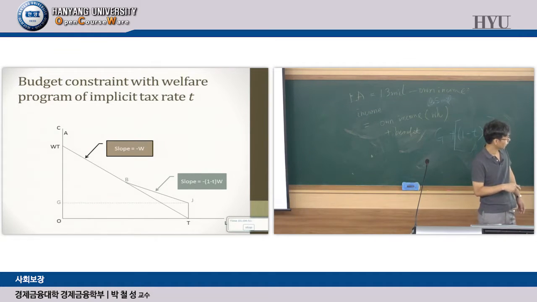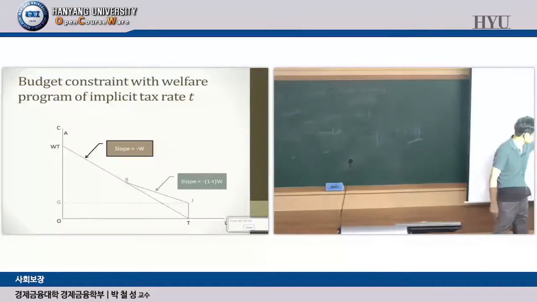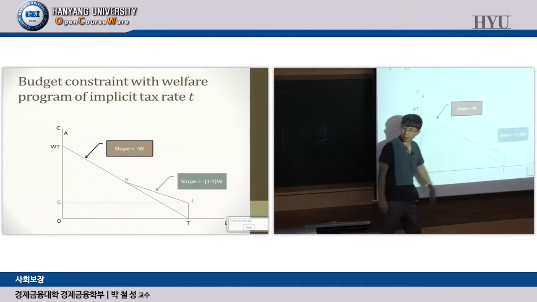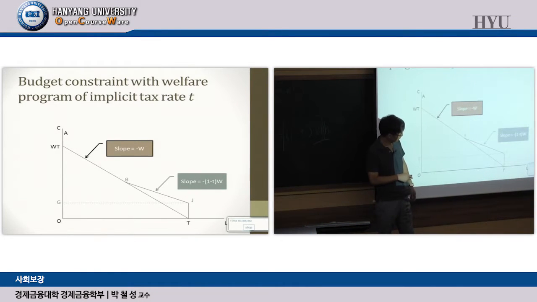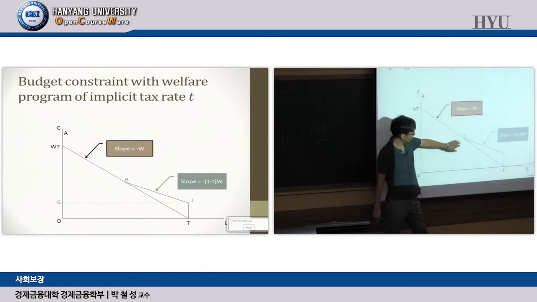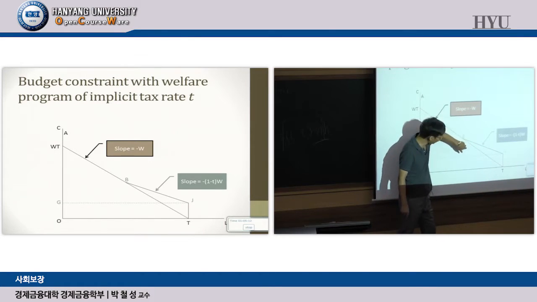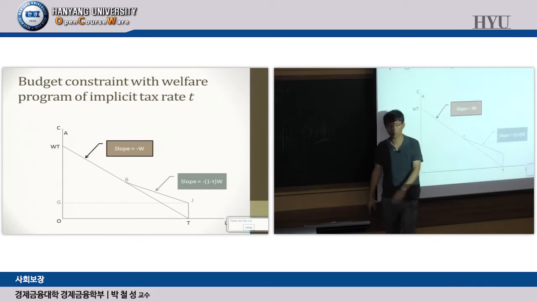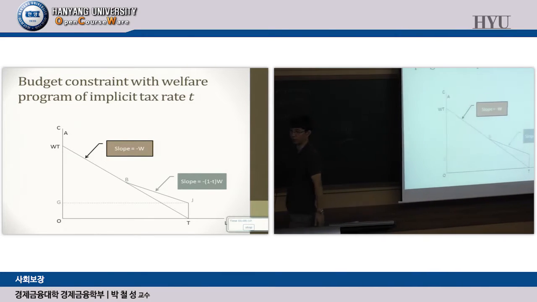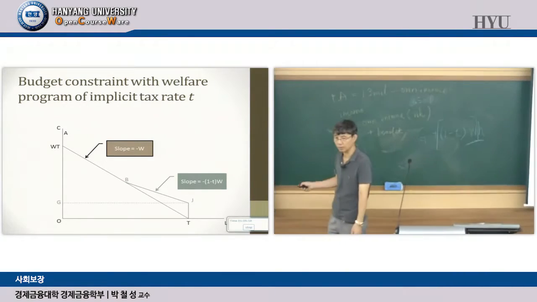One interesting thing to see is that if you're a welfare recipient, let's say you are around here, first, your income is always higher than the income prior to the welfare program. Your income is somewhere here. It's always higher than the income without the welfare program. You can see that.